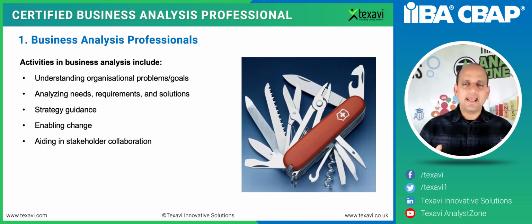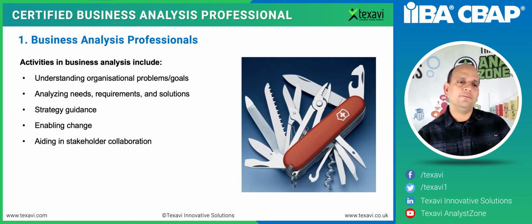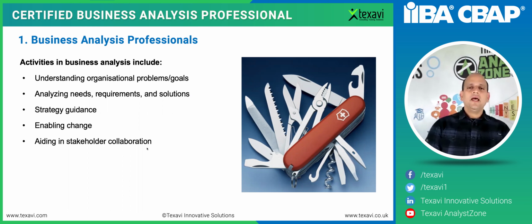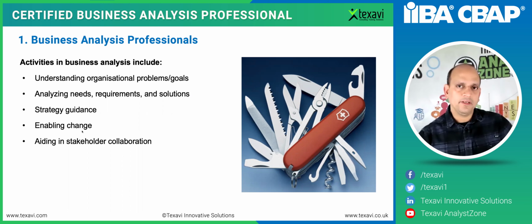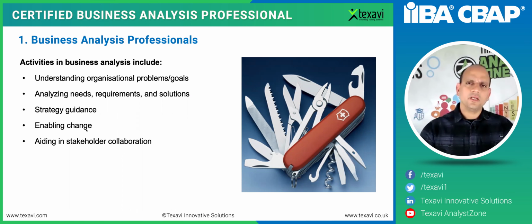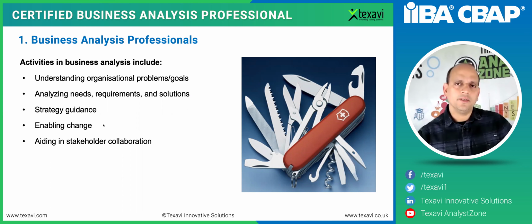All of these different gaps need to be identified all the way through continuously, and then we need to try and bridge those. Aiding in stakeholder collaboration, work with the stakeholders, internal as well as external, to be able to enable this change to happen across the organization, and perhaps even sometimes working with the external stakeholders and making it happen. So that's pretty much what we as business analysis professionals are expected to do.